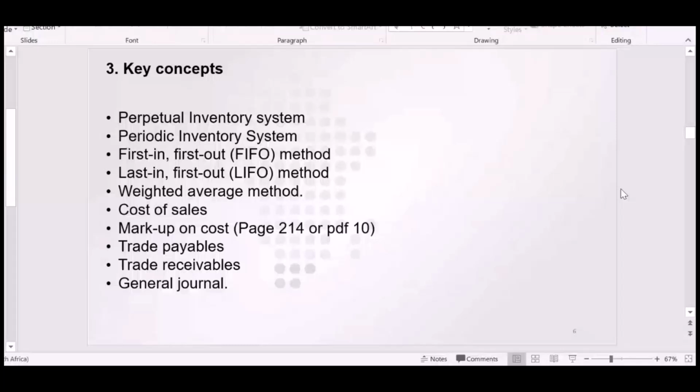That is a perpetual inventory system. Everything that Tibato has explained in terms of how to account for it is correct.